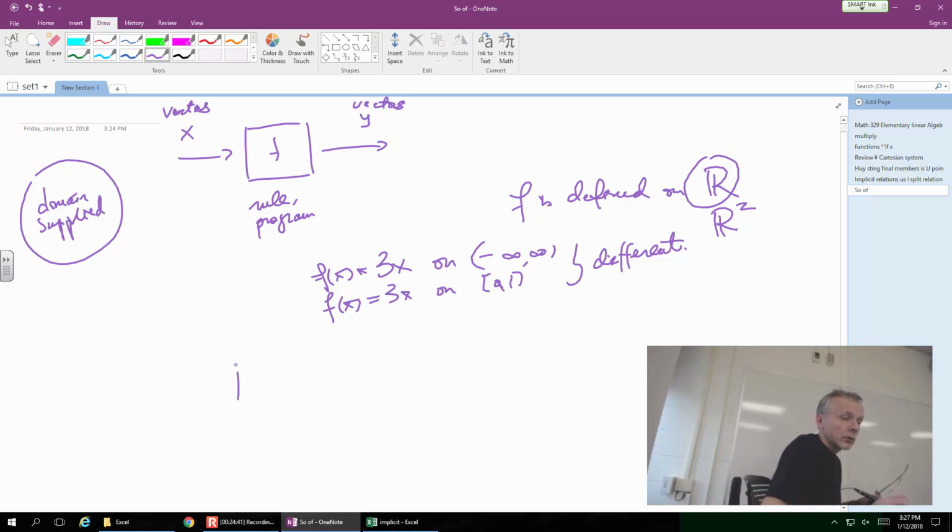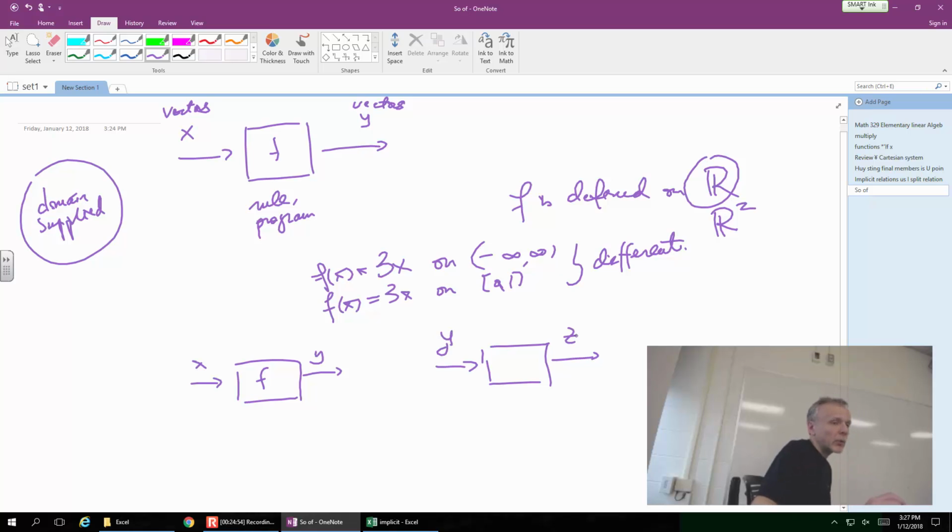So x is input and y is the output. What if we have another function? Maybe it has nothing to do with it, but the inputs are y's, outputs are z. So this is G. So we can form a composition by wiring these two together, making sure that whatever comes out of F will be plugged into G. Which creates a new function.